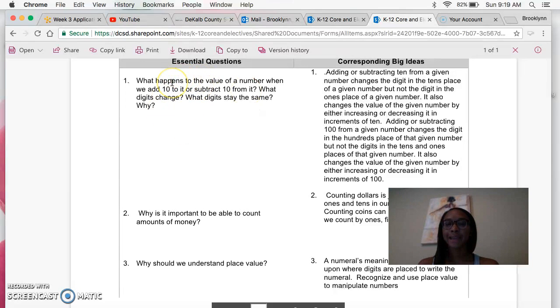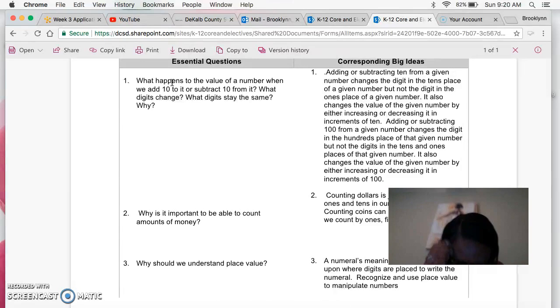I get why it's here, because you're going into regrouping, which is a little different for students. However, I feel like they really should have understood this in the first unit.